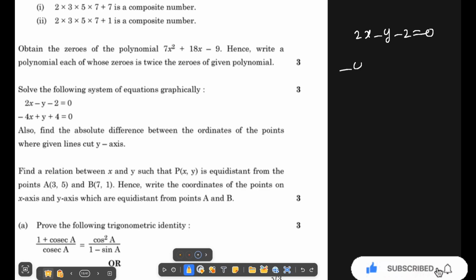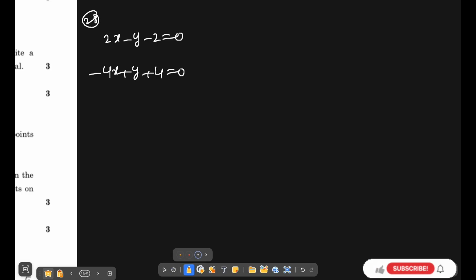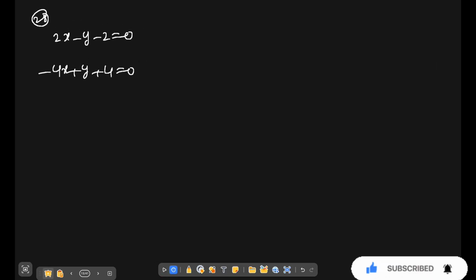Second equation is minus 4x plus y plus 4 is equal to 0. Okay. So let this be equation 1 and let this be equation 2.